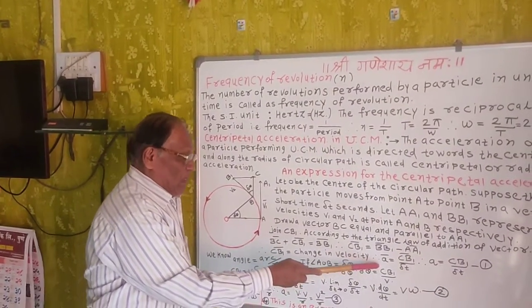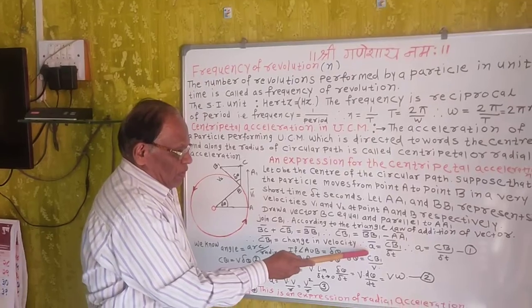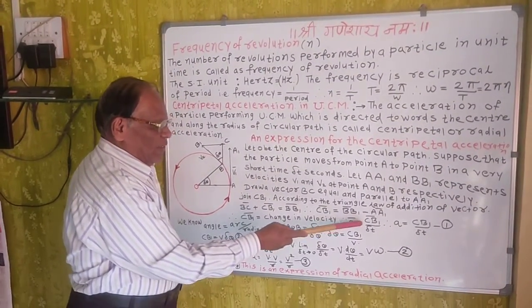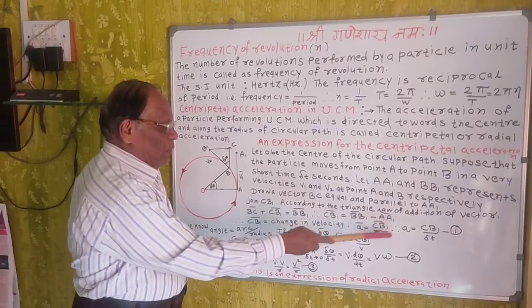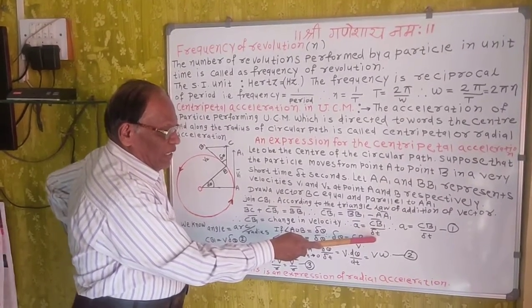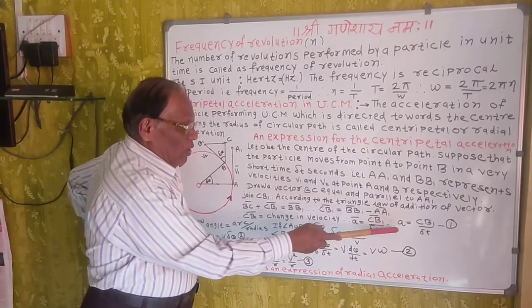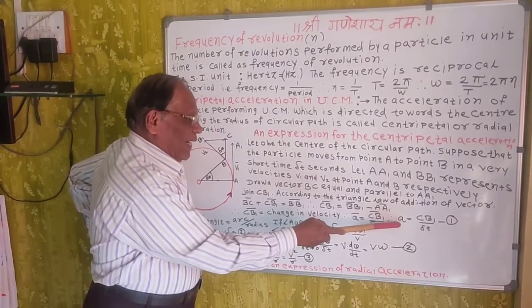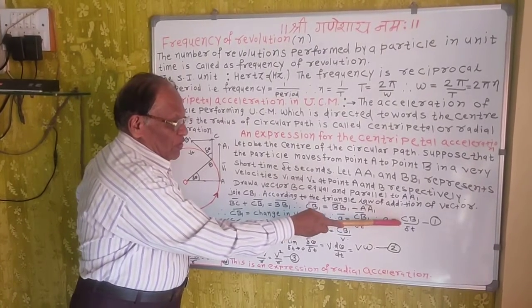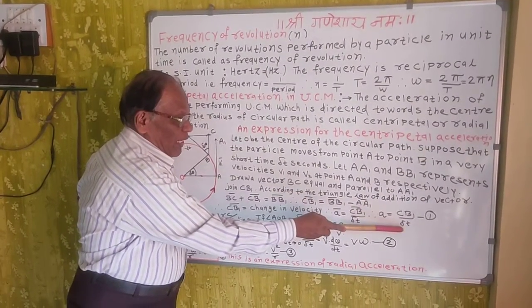Therefore, here we write the linear acceleration a is equal to CB1 divided by delta t. Therefore, a is the magnitude of the linear acceleration, a is equal to CB1 upon delta t.